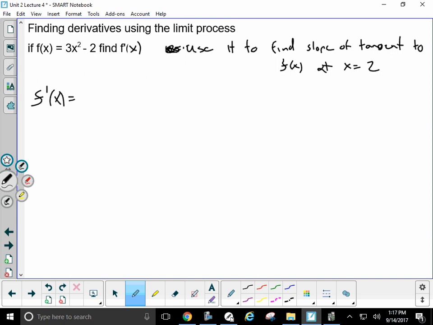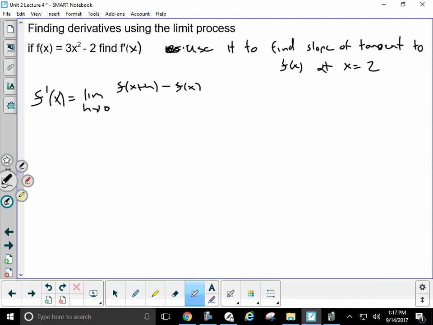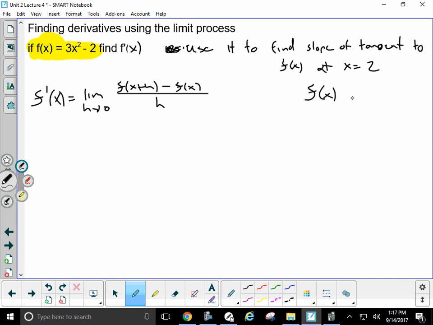Well, f prime of x, I'm told, is equal to this limit. All right, now what function are we talking about? We're talking about this function, 3x squared minus 2. Talked about it a little bit earlier. 3x squared minus 2. All right, so let's make sure I know that's the function I'm talking about.